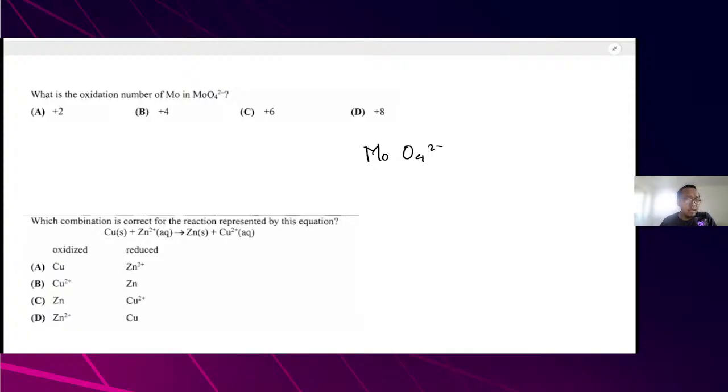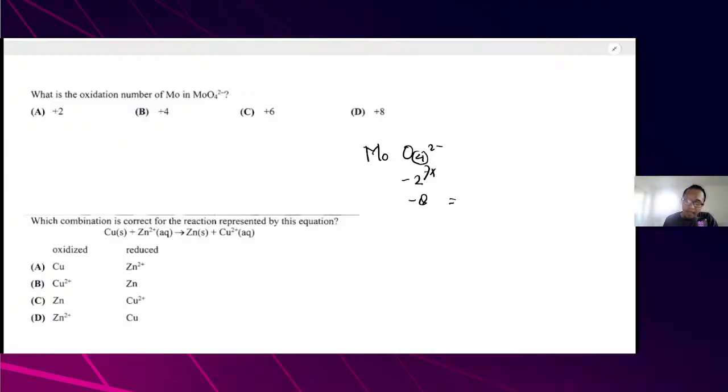As you can see, O should be minus 2, and there are 4 O atoms, so you multiply 4 by minus 2, which gives minus 8.